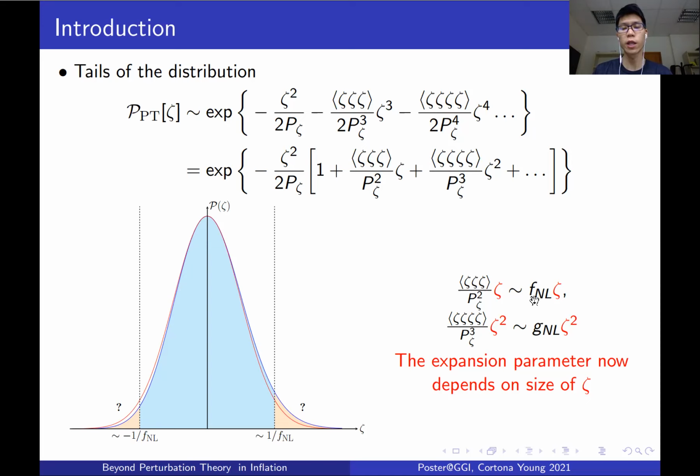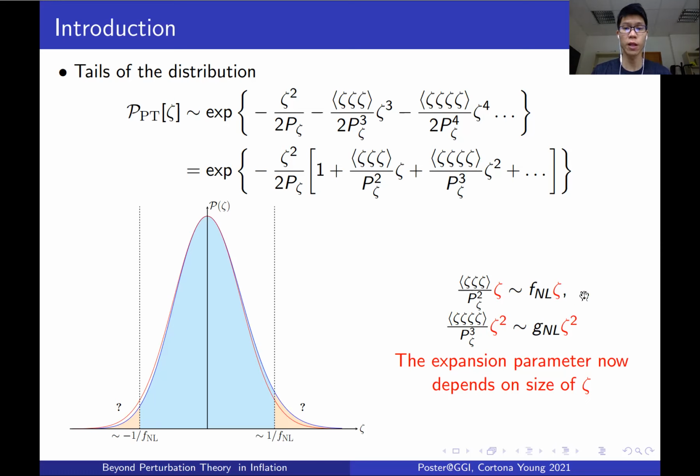It turns out that the expansion parameter goes like f_NL times zeta hat, and it involves the size of the field. For the 3-point function, it involves f_NL times zeta hat, and for the 4-point function, it turns out to be g_NL times zeta hat squared.